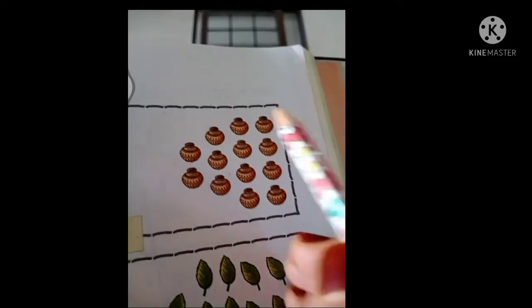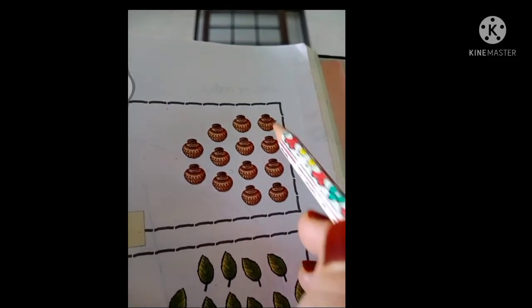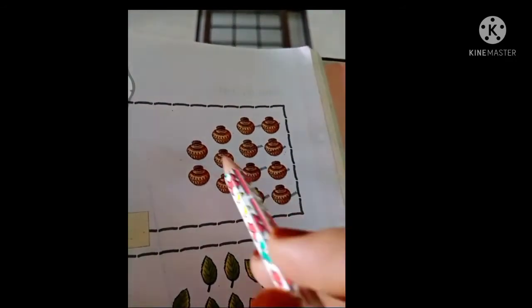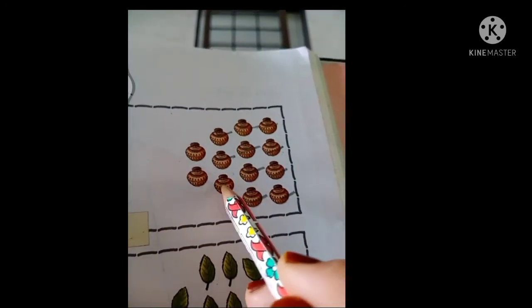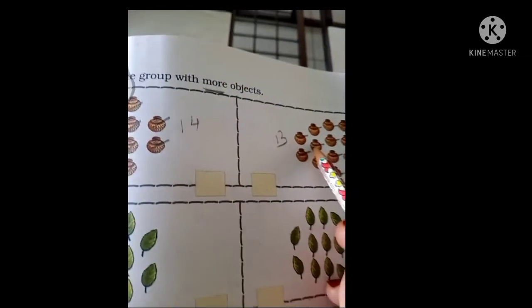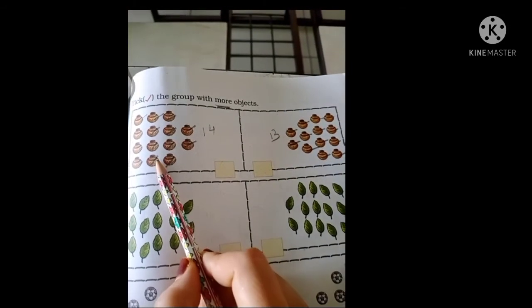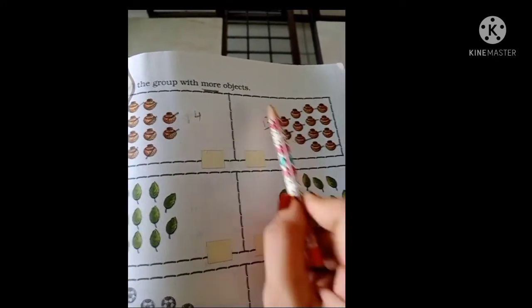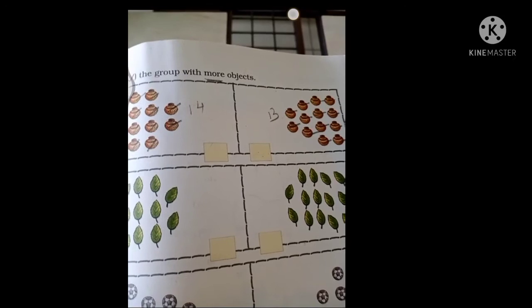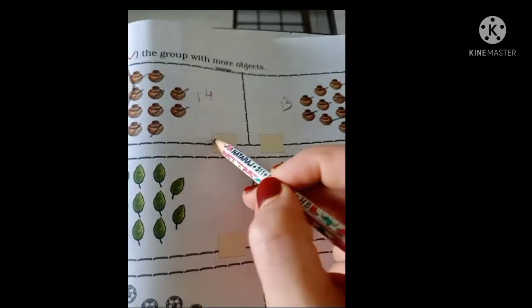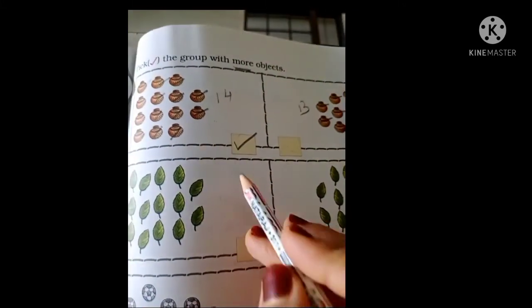Now let's count this one. 1, 2, 3, 4, 5, 6, 7, 8, 9, 10, 11, 12, 13. How many? Here 13. Here 14 pots were there and here 13. So among these two, who has more objects, students? This group has more objects, so we have to put a tick mark over here.